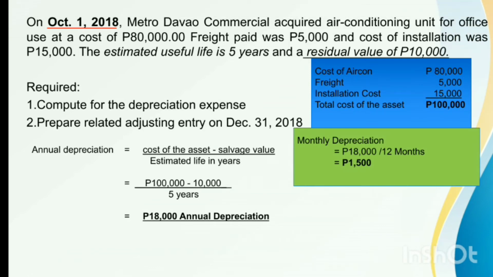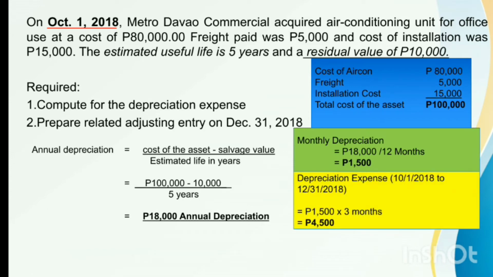So 18,000 divided by 12 months, so that is equal to 1,500 pesos. So this is now the monthly depreciation. And then we're going to multiply it by 3 months. So from October 1, 2018 to December 31, 2018, so that is 3 months. So 1,500 pesos times 3 months, so the depreciation expense is 4,500 pesos.